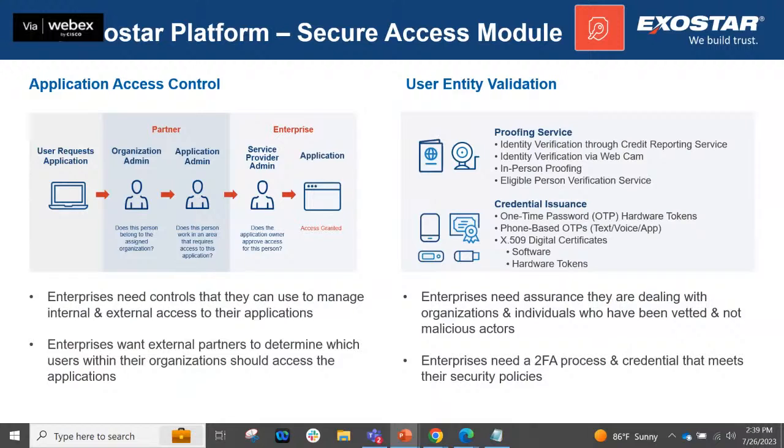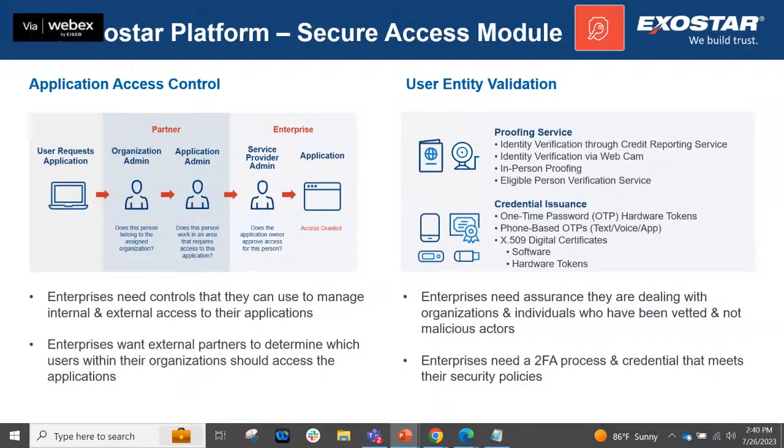We can work with different kinds of credentials. And if you've already got that multi-factor authentication, or your partners do because of some other interaction they've had with you, they can use that same multi-factor authentication to get into the secure enclave as well.